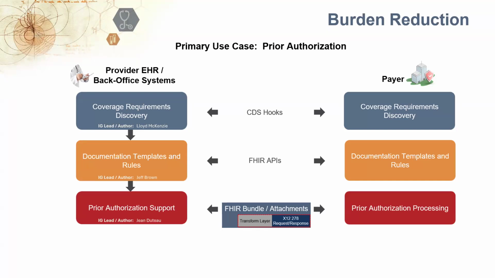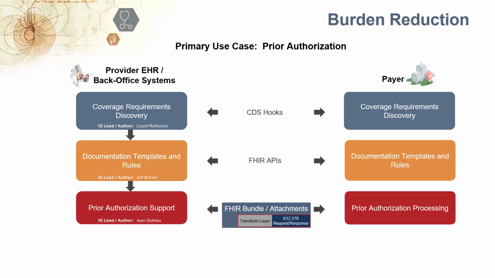So you'll notice the X12 278 request and response being thrown in there. That's legacy from a HIPAA law that says that a prior authorization submission has to be in the X12 278 form at some point in the exchange, basically.